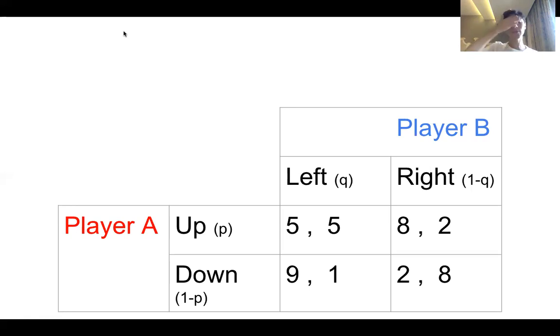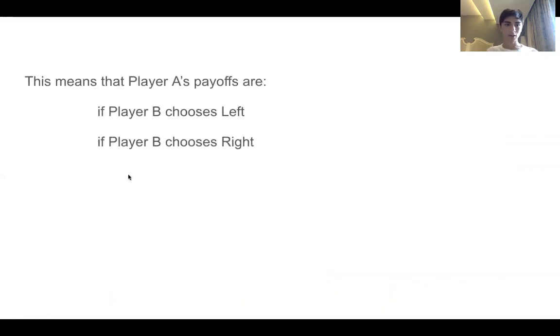Similarly, for player B, the probability that they go left is Q, and the probability that they go right is 1 minus Q. Now we're going to calculate hypothetical payoffs. Player A's payoffs are going to be something if player B chooses left and something if player B chooses right, based on the probabilities that player A has.